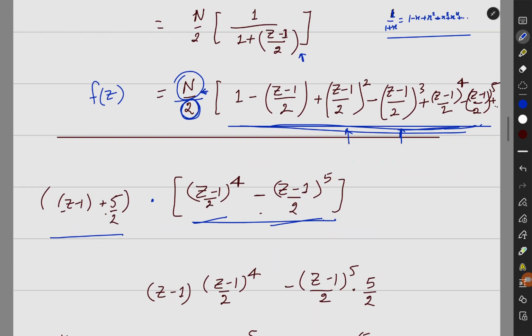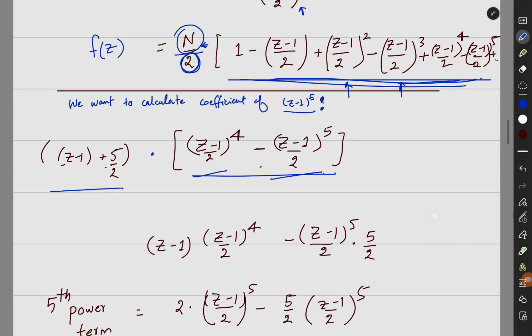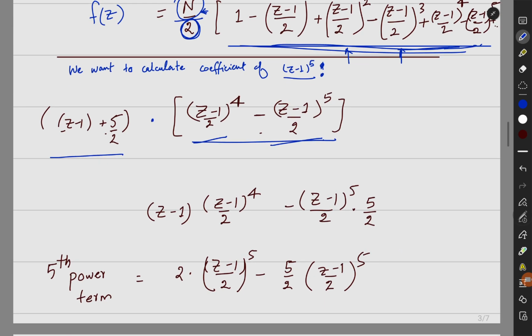We want to calculate the coefficient of (z minus 1) to the power 5, and that will come from these two terms. So we just multiply and see how many terms remain.